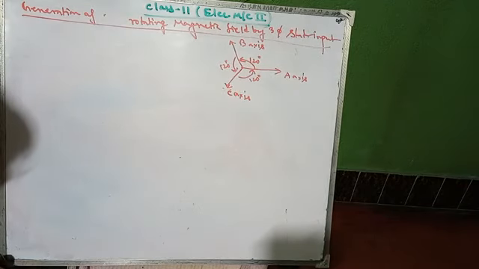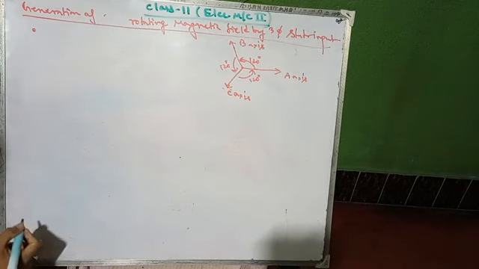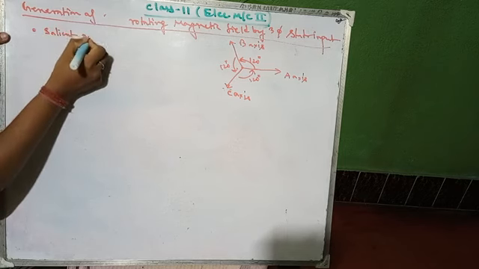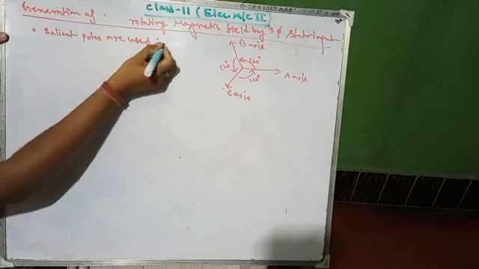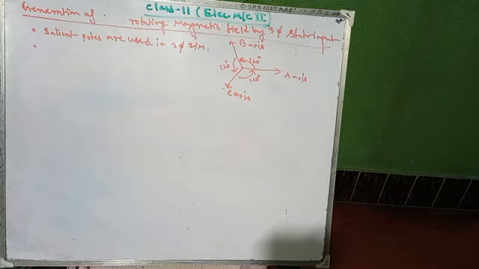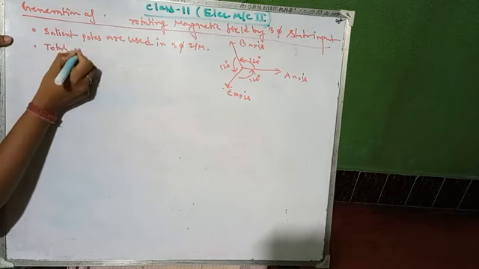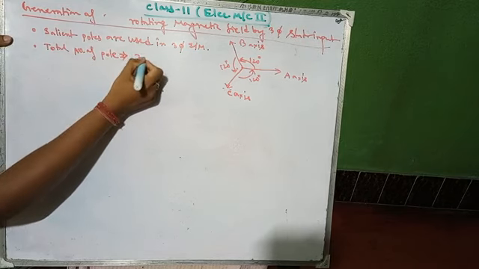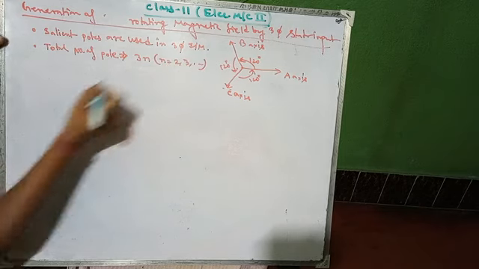Okay, so write some points. Salient poles are used in 3-phase induction motor. Second point, total number of poles is 3n, where n equals 2, 3, and so on.